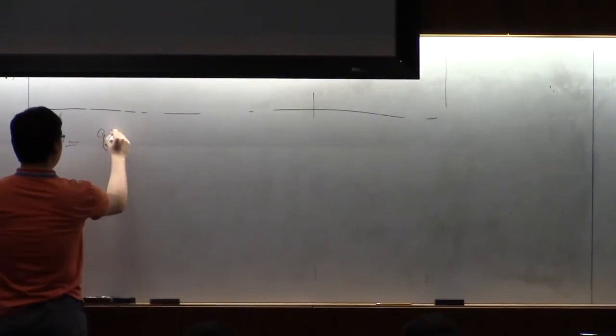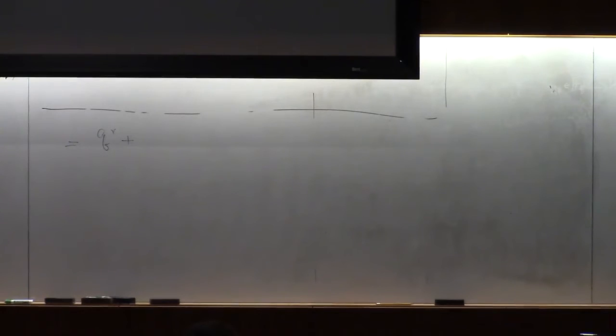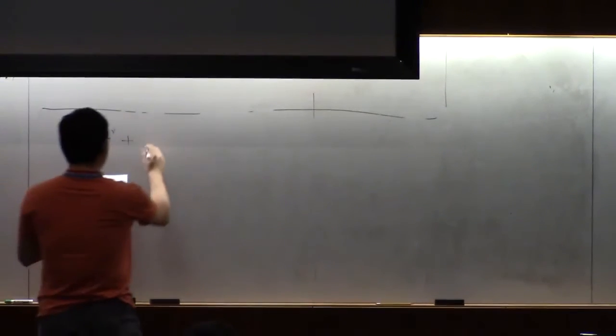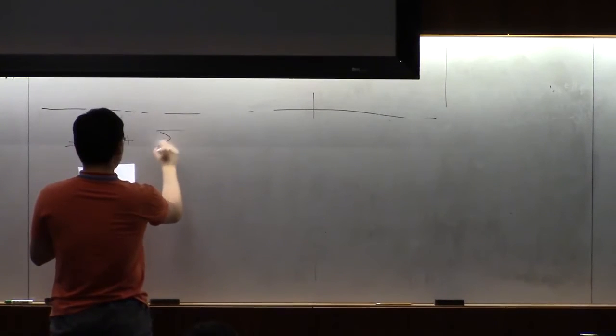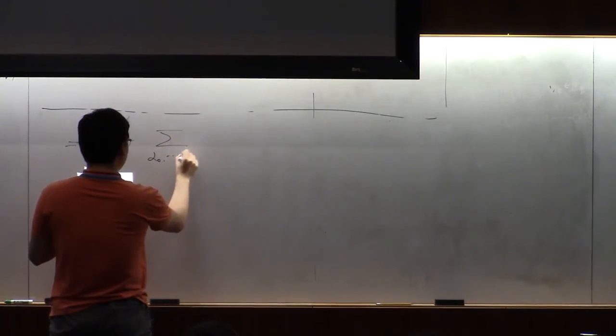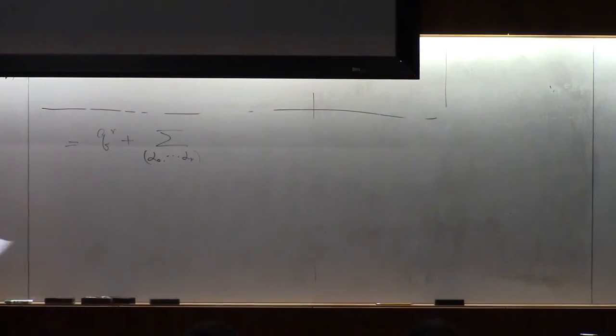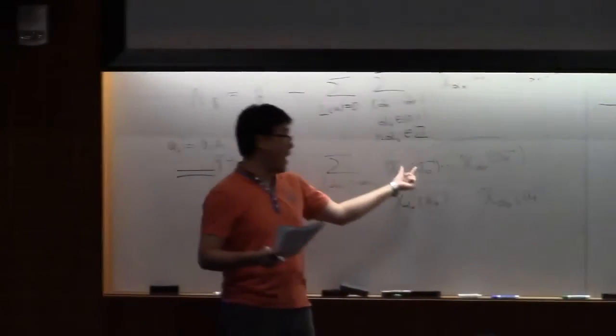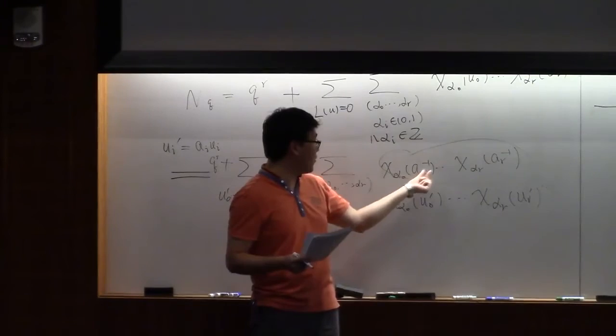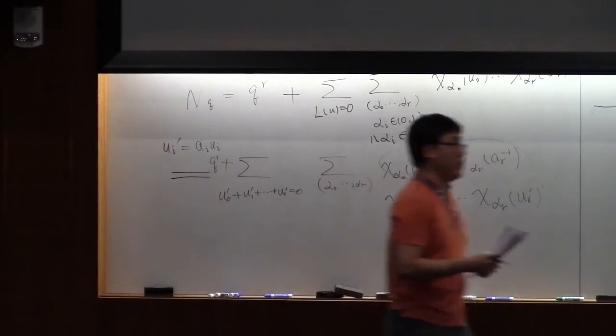So if you rewrite this huge summation, first you take the summation for all these alpha i's, and then this product only depends on these alpha i's because these a0 to ar are fixed numbers.